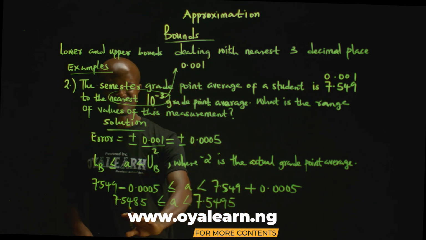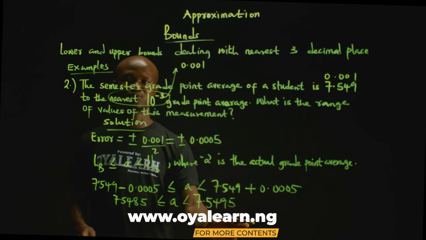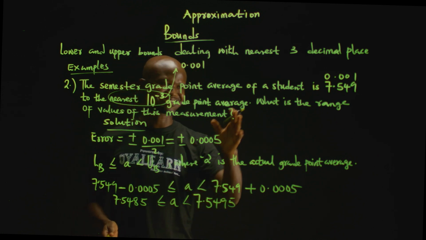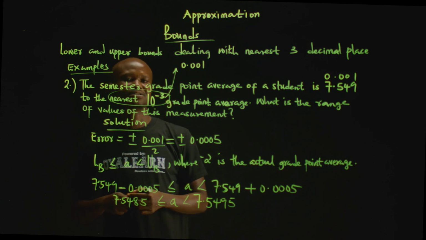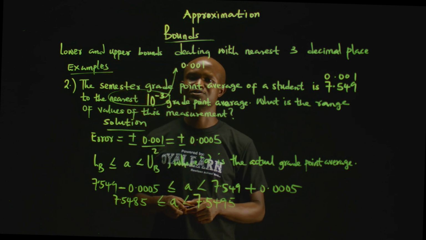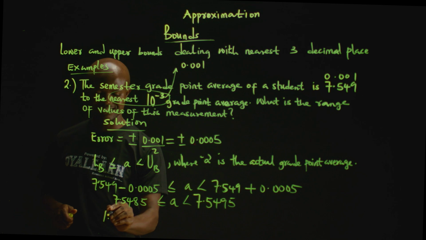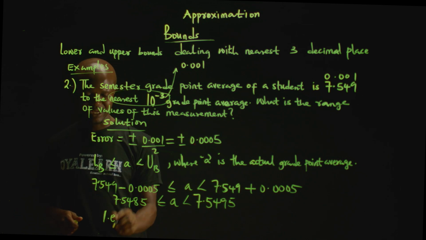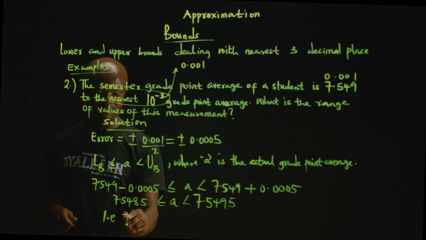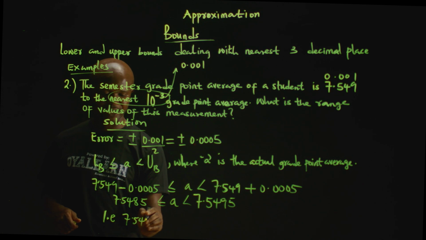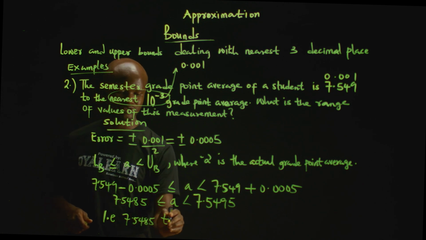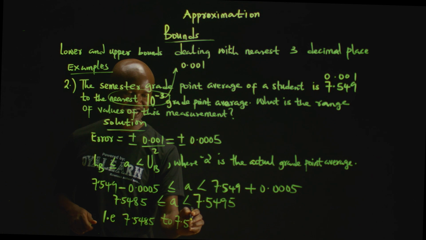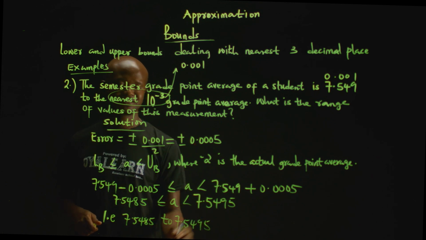So in this case, this is the range of values in inequality form describing the grade point average of the student. Now we can also write this as 7.5485 to 7.549. That is the range.